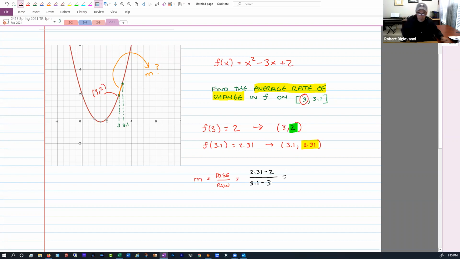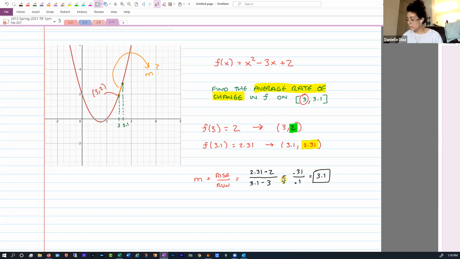Let's just see what we get here. You should get 0.31 over 0.1. So you should just get 3.1. You could verify that on your own calculator. But do you all believe that? You okay with that? Yeah.